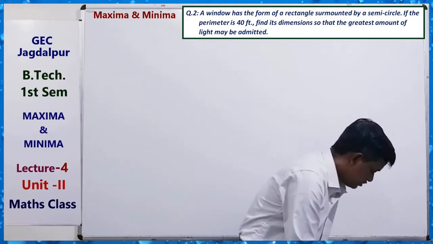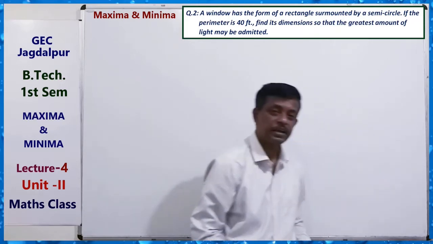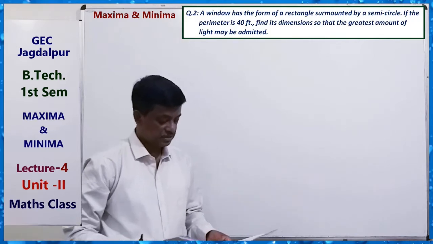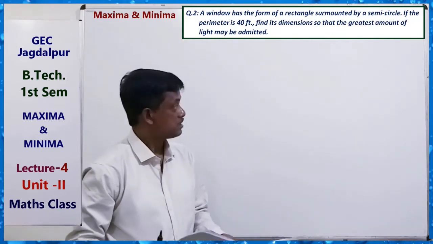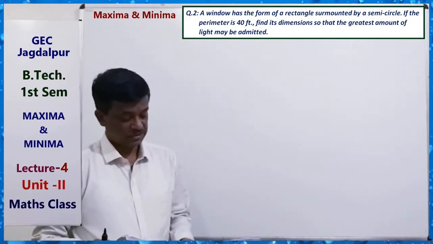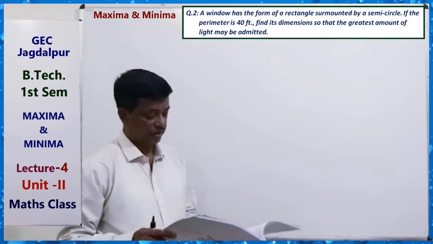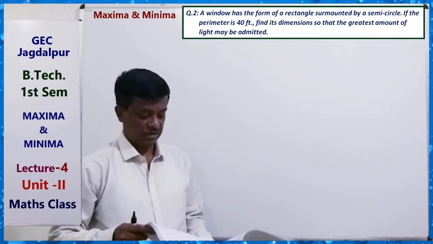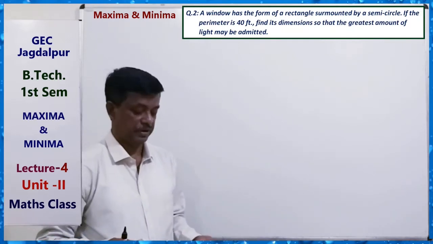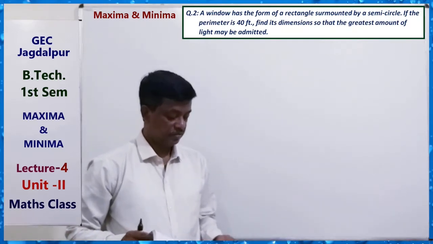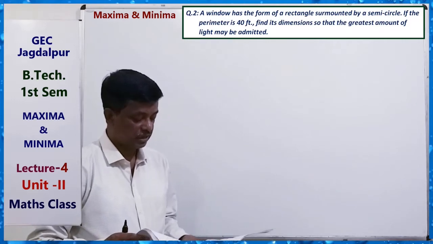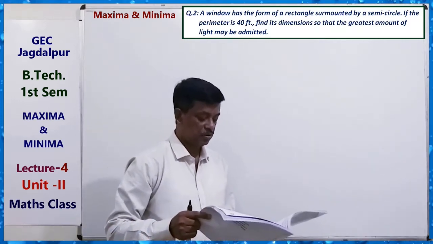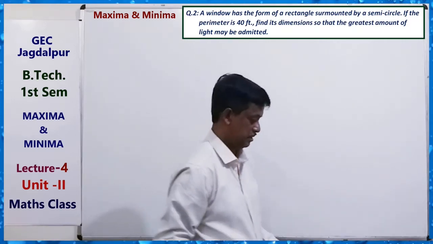So here take another question: a window has the form of a rectangle surmounted by a semicircle. If the perimeter is 40 feet, find its dimension so that the greatest amount of light may be admitted.